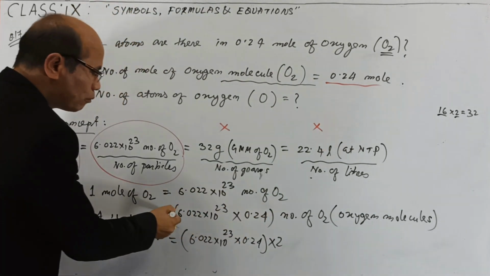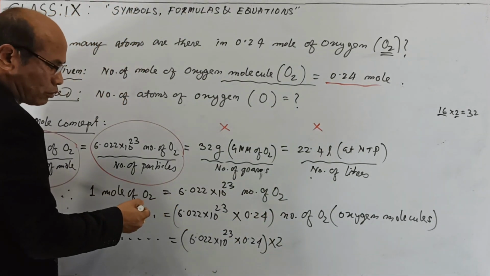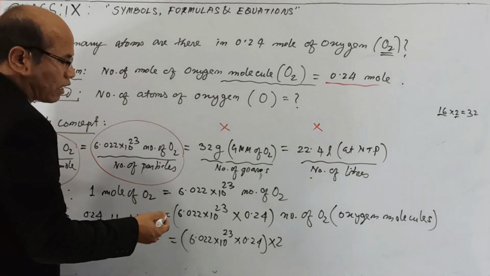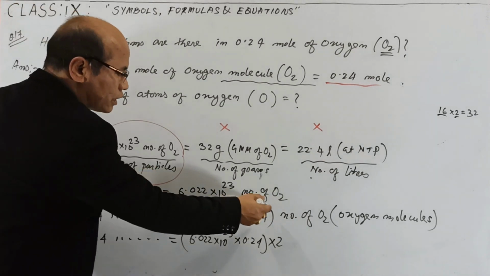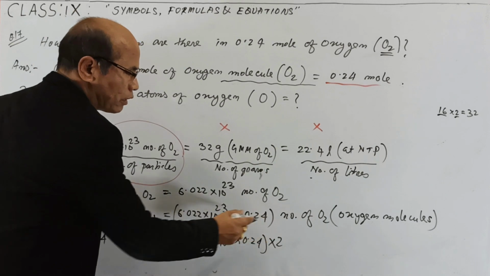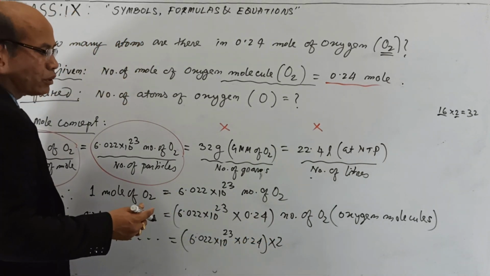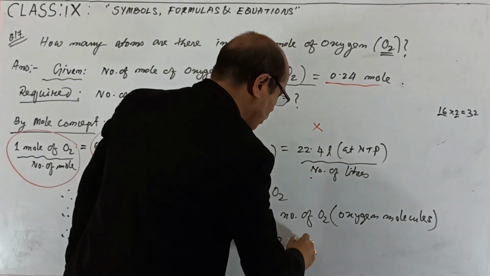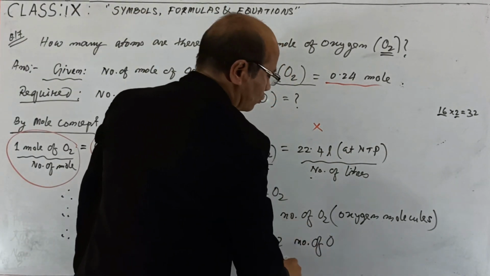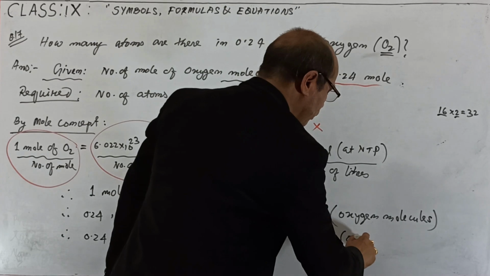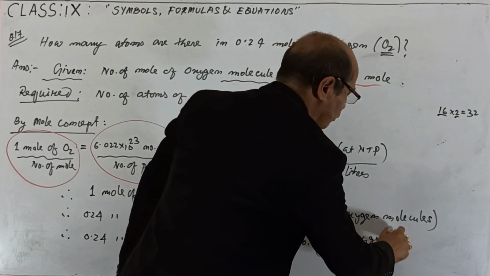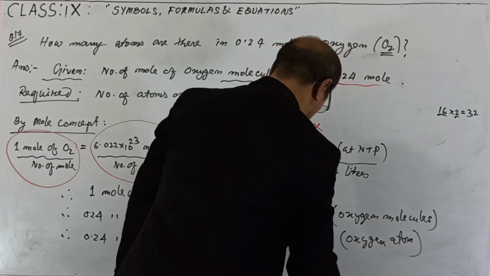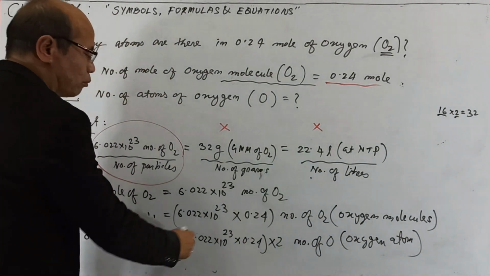These are the numbers of oxygen molecules. So when you want to find the number of atoms in this many molecules, you have to multiply by 2, because 2 atoms of oxygen make 1 molecule. Because of that, I am multiplying by 2. This is the number of O. O means oxygen atom. Then you multiply and see how much you get.